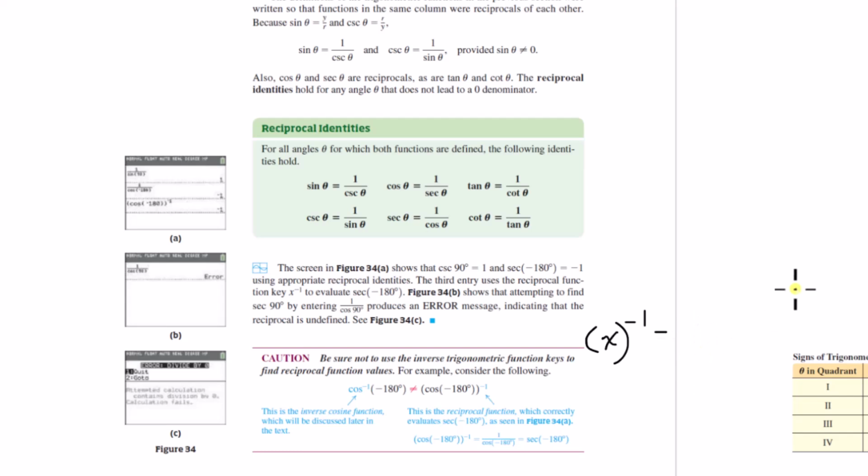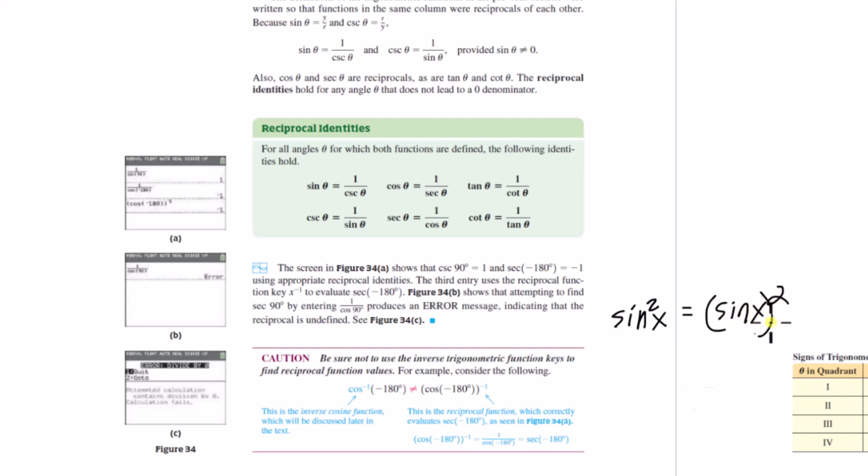But with trig functions, it's kind of out of the ordinary. I might not have mentioned this officially, but with trig functions, if we write sine squared of x, what this means is sine of x, squared.